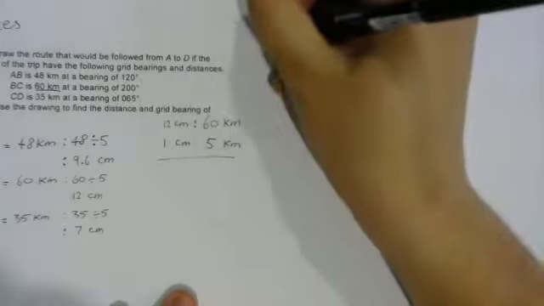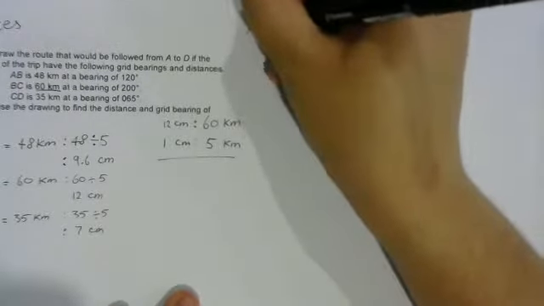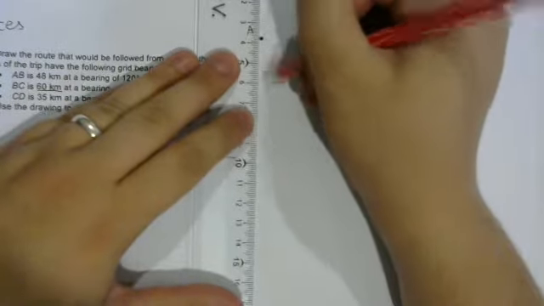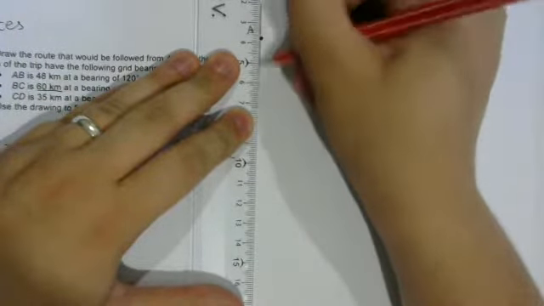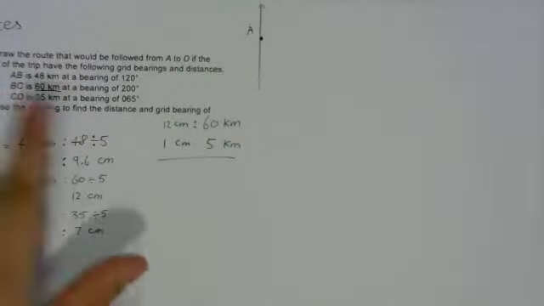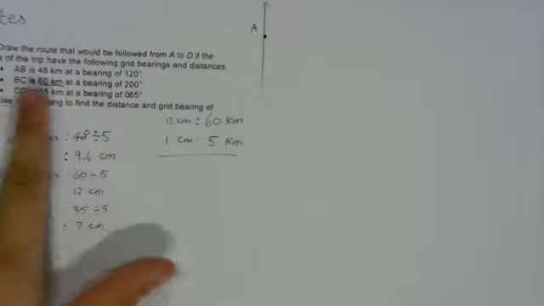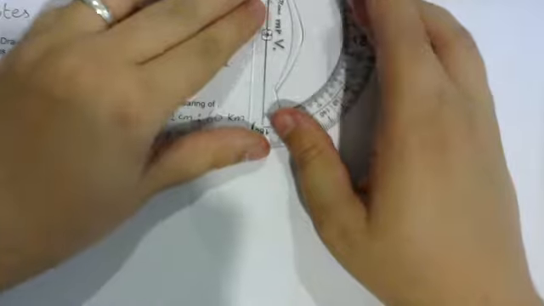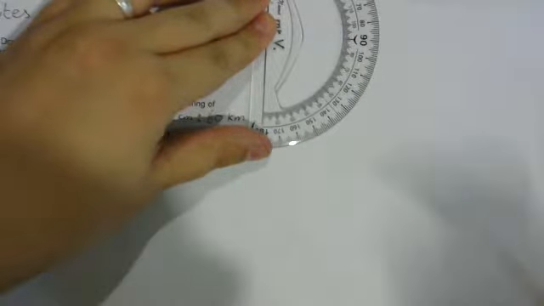So I'm going to come over this side of my page, and we're going to start up here. That's point A, our beginning. Now what I need to do, always, whenever we draw a bearing, is put in our north line. There it is, north. Leg A to B is at a bearing of 120 degrees. So I'm going to measure out 120 degrees, and that's over here.